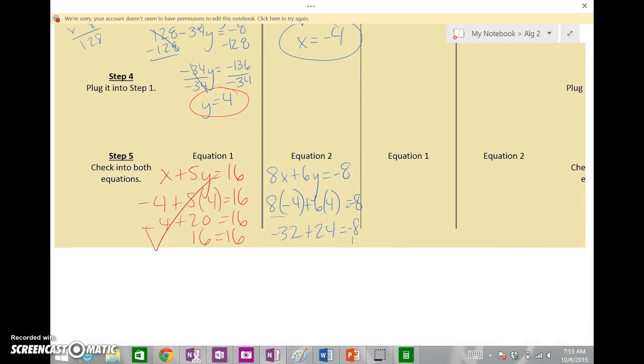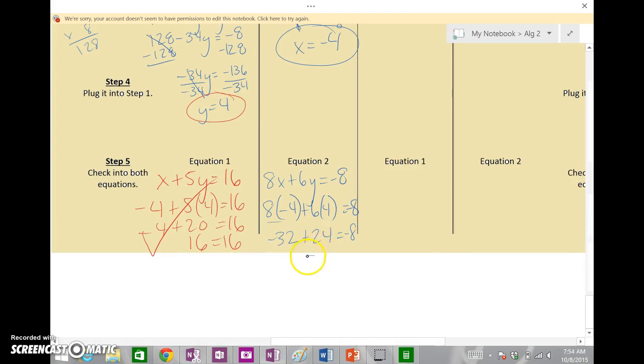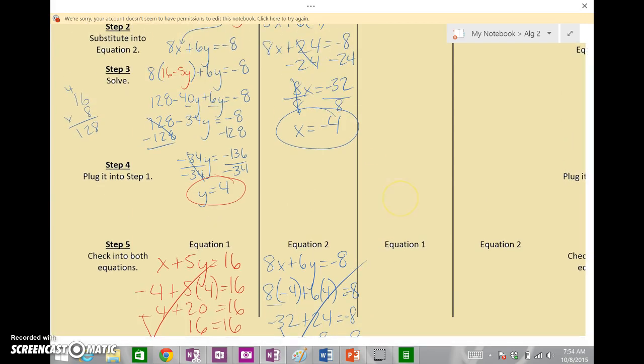Here's the moment of truth. Negative 32 plus 24, yes, it is negative 8. So it does work. Those values are true. So x is equal to negative 4, and y is equal to positive 4.